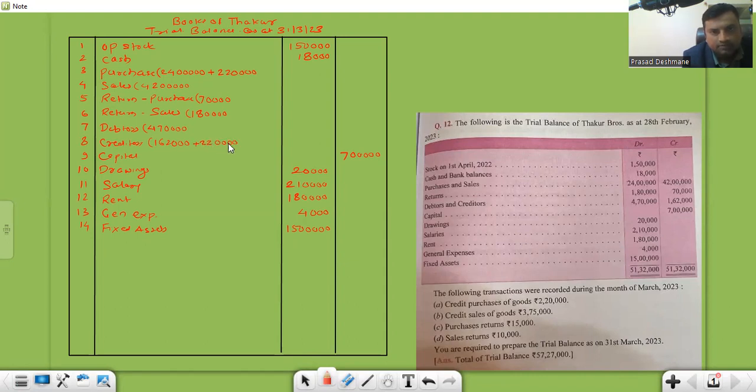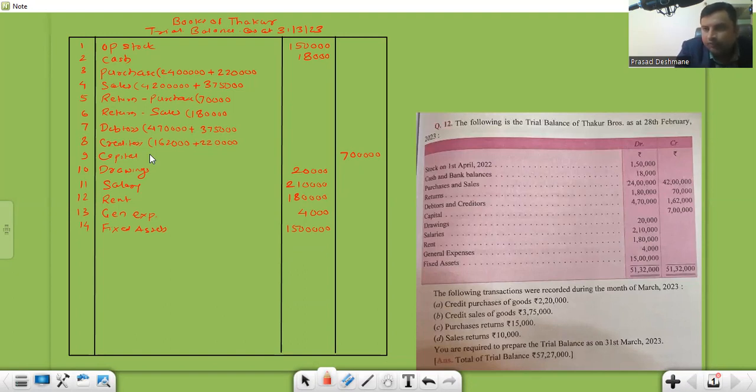Right? We added to purchases as well as the creditors. Similarly, credit sales. It will increase your sales balance, 375. And when we sold goods on a credit basis, our debtors balance will increase, 375.